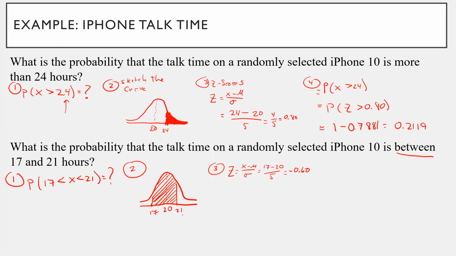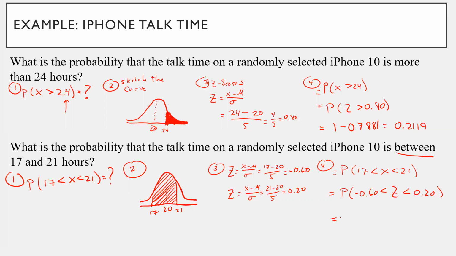And then I need to do the z-score for 21, which would be 21 minus 20 divided by 5, which gets you 1 divided by 5, which gets you 0.20. And then the last thing you need to do: the probability that it was between 17 and 21 hours is now the same thing as the probability that a z-score is between negative 0.60 and 0.20.